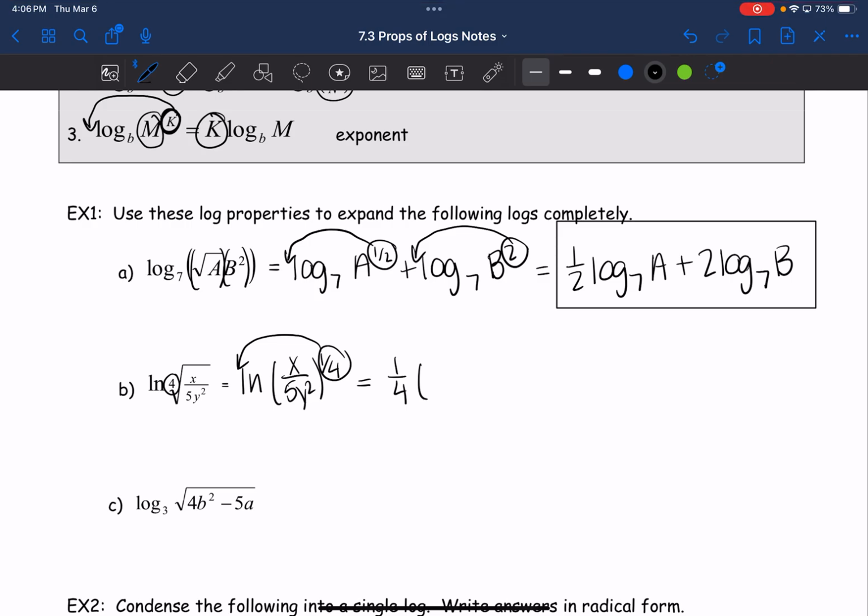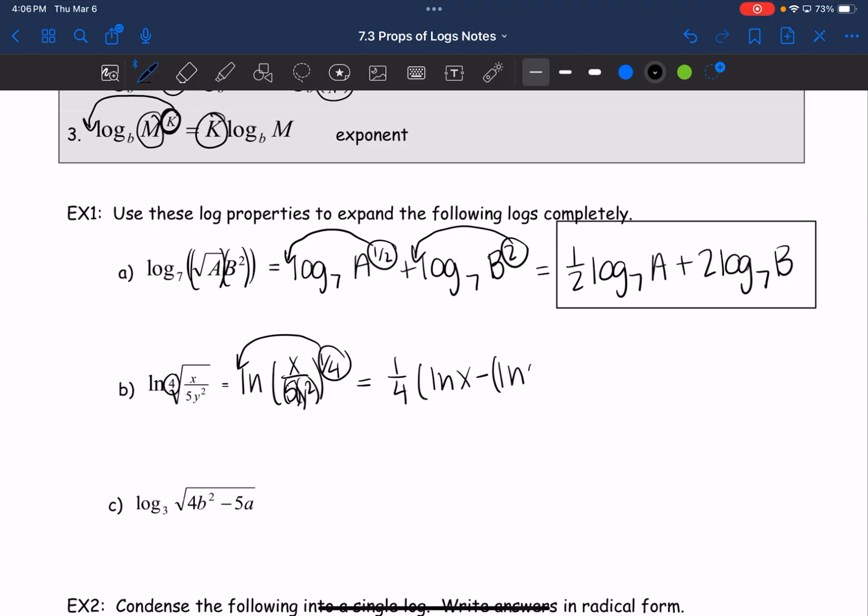So I'm going to have the natural log of x, and then we've got division, so minus the natural log of 5y squared. That 5y squared, however, is two terms being multiplied together, so I could actually expand those using addition.